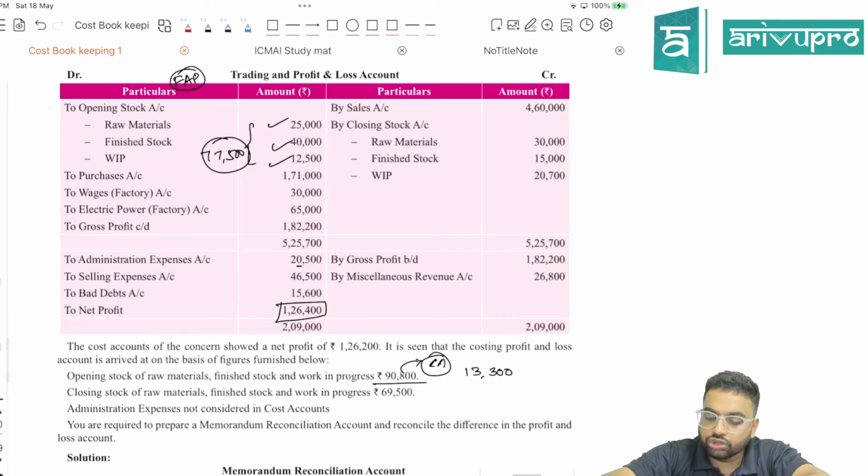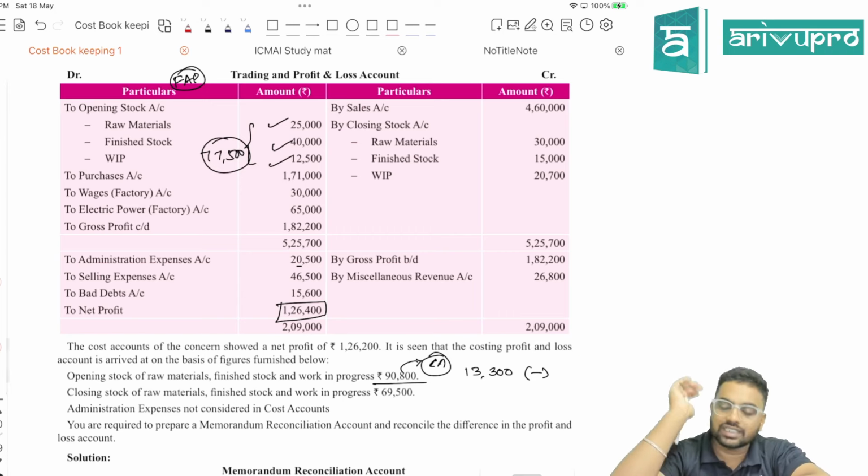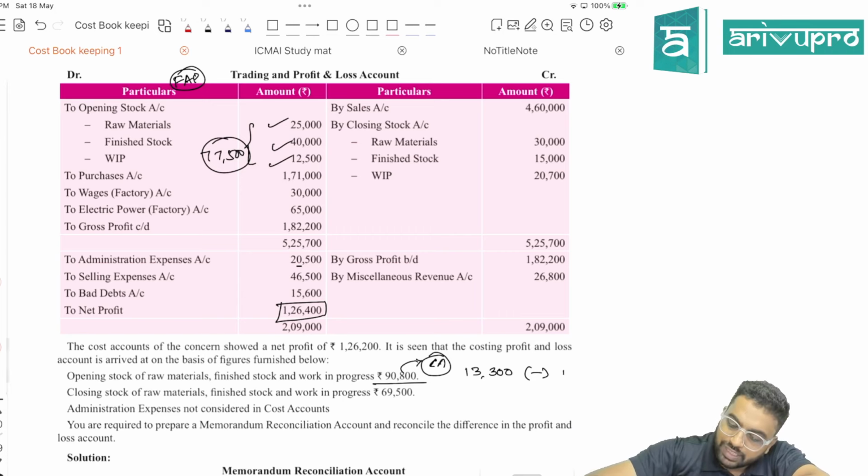So here what should you do, sir? Because we started with the FAP, that is financial accounting profit. Sir, they asked for the memorandum reconciliation account, no? Yeah. So less means, as I told, profit will be on the credit side. Reduction in the profit means debit side. So you should debit it. Okay, sir. Done. Debited.